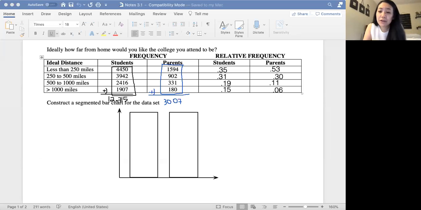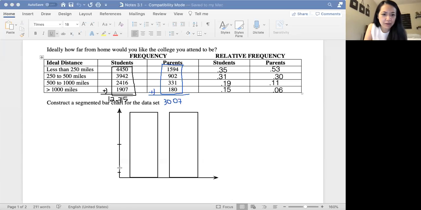All right, now notice guys that even though we have a lot more students, the bars are still the same height. I think that's just easier to compare, and that's why we use percents. Okay, so let's go ahead and mark this up. That's up to 100, and let's go by tens. I'll mark my 50 here.